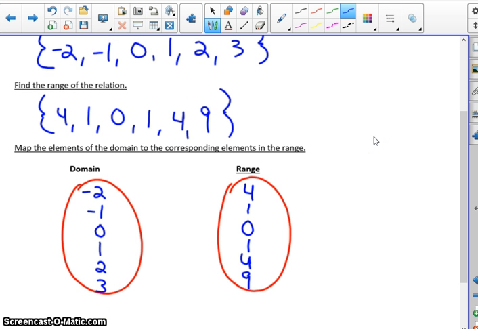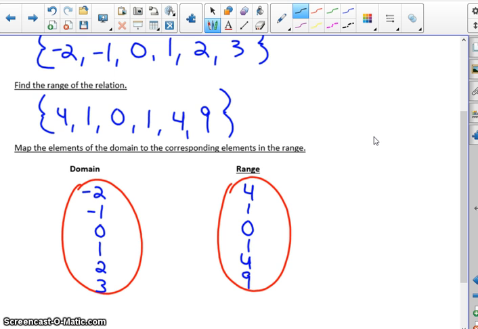So I have all of my domain values listed. Once again, that's -2, -1, 0, 1, 2, and 3. Then my range values, 4, 1, 0, 1, 4, 9. And then I show the relationship. And once I show that relationship with this mapping, I can determine if it is a function or not.